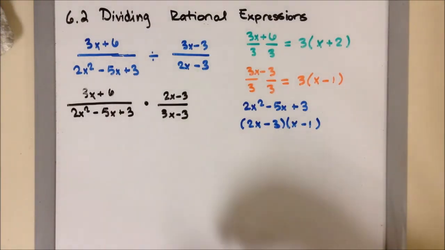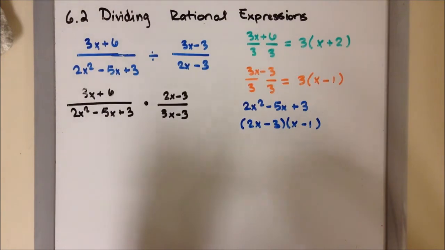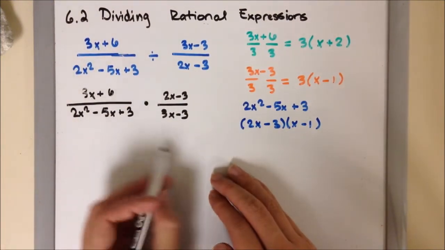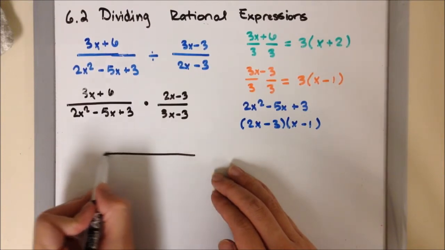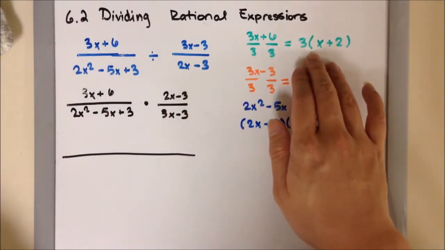Next, we're going to bring it into our fraction. Now, I'm going to write it as one big fraction, so make sure to include your parentheses when you do that. So the 3x plus 6, I'm going to replace it with what we have here.